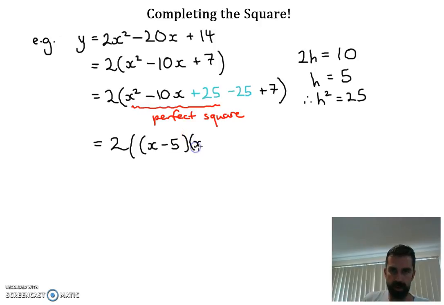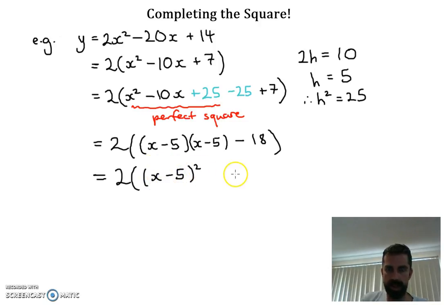Actually, I'll write it out in full this time: x take 5 and x take 5. -25 plus 7 is -18. So I'm just going to simplify that part of it. x take 5 times x take 5 is (x take 5) squared, take 18. Now this is almost in vertex form.